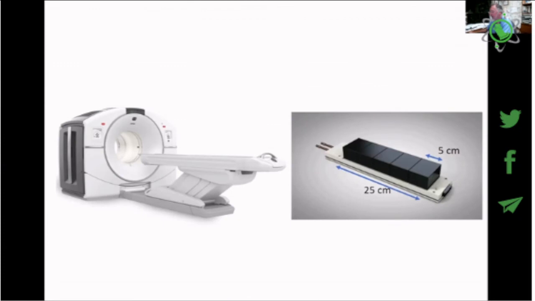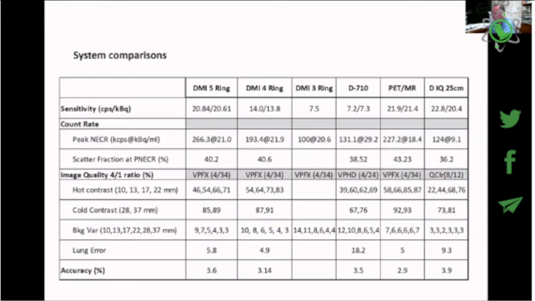Now, General Electric does have a scanner that is a modular design, so you can buy that scanner at 15 centimeters, at 20 centimeters by adding an additional module, 25 centimeters by adding another module, and most recently by adding a 6th module that will make the axial extent 30 centimeters.